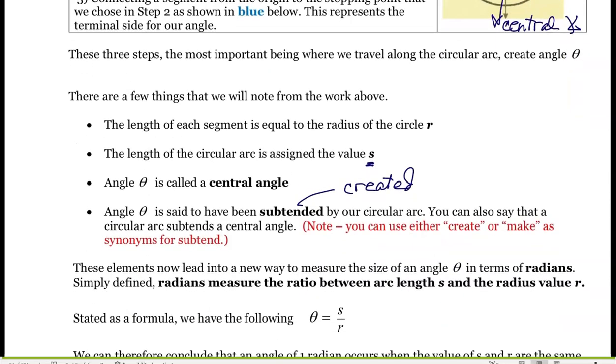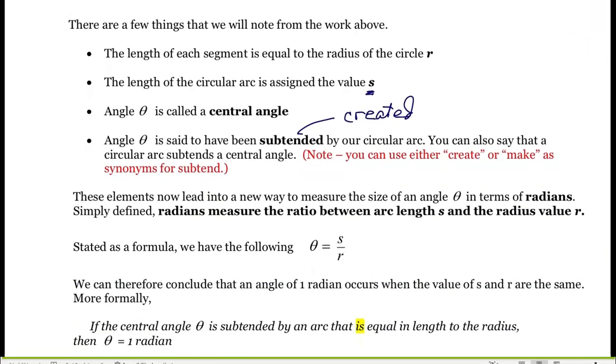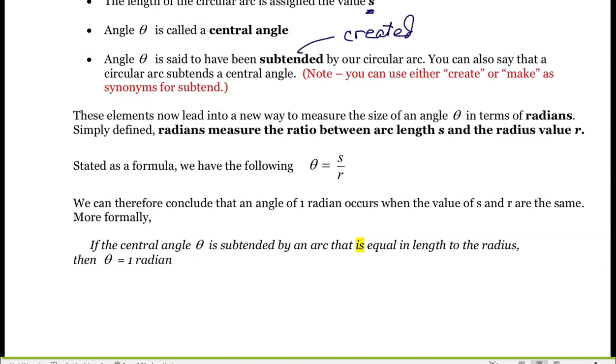Okay, these elements now lead into a new way to measure the size of an angle theta in terms of radians. Simply defined, radians measure the ratio between the arc length, that's the S, and the radius value R. So the angle that we've subtended or created equals S over R. We can therefore conclude that an angle of 1 radian occurs if S and R are the same.